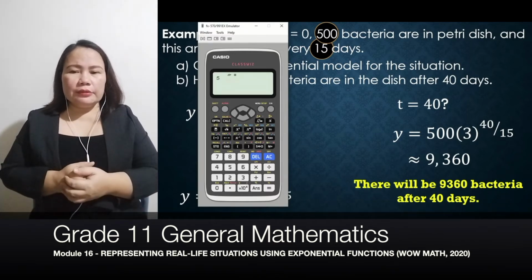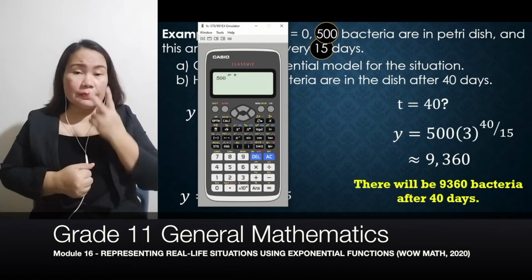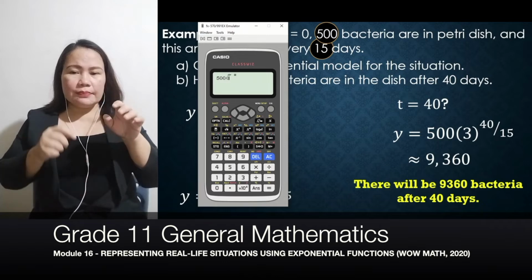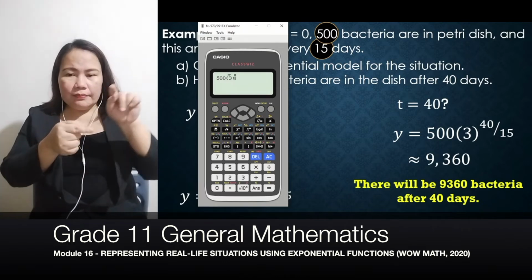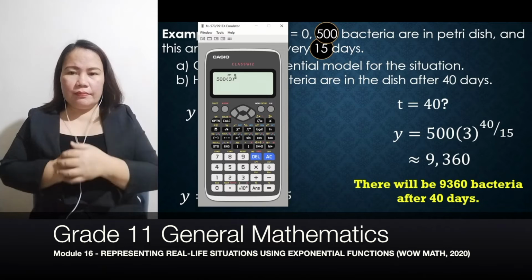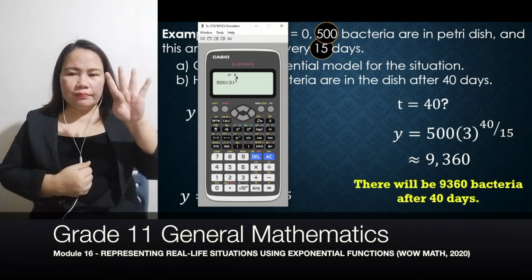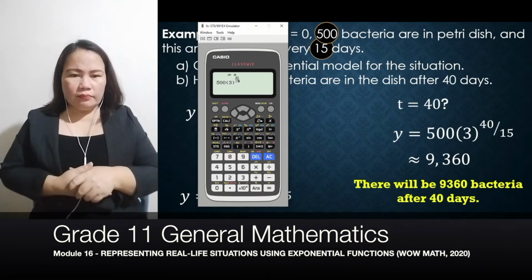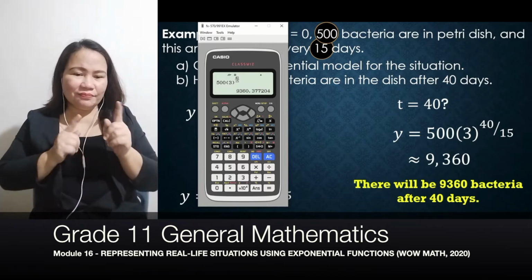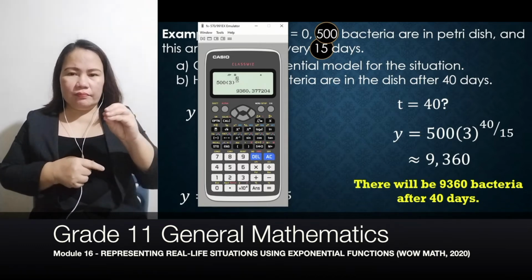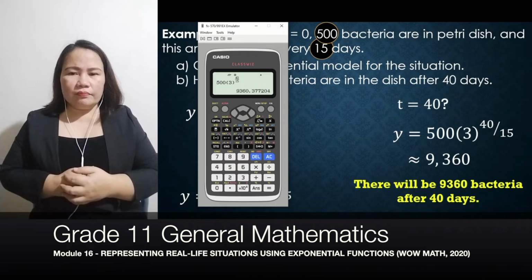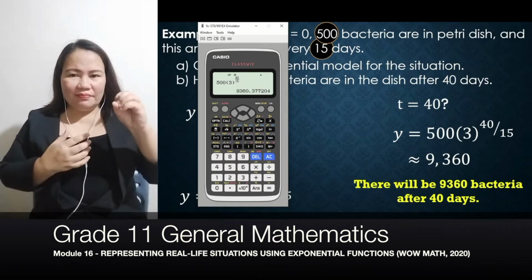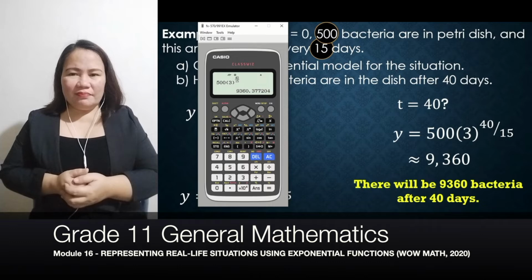Input lang natin yung data, 500, open parenthesis, that is 3, close, tapos pindot yung pang exponent, and then yung fraction var, that is 40, then itong down arrow na to, over 15. So we can check our answer kung tama. Okay, the answer is 9,360. Okay, thank you sa Casio dahil na-download ko yung emulator nila. Kakapanood ko ng seminar nila.